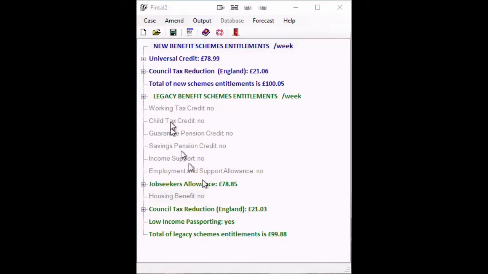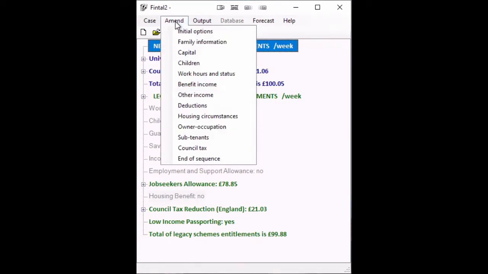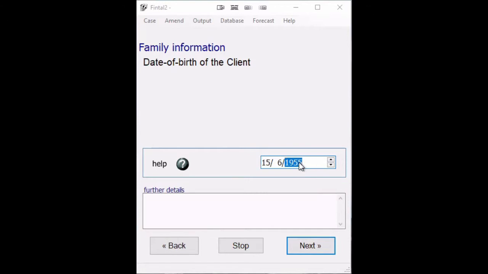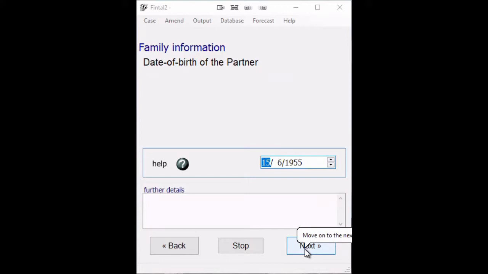So the program has to be able to cope with that situation. So I will make an amendment again to this case and make one of the partners over pension age and one under pension age. So let's take the first person and give their date of birth as 1945, but leave their partner as 1955.